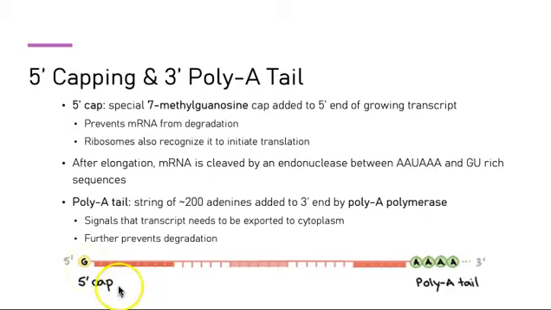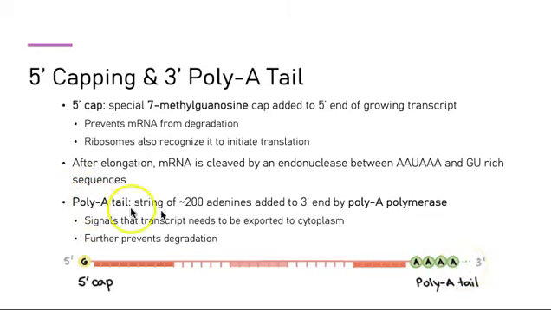And after we go through elongation, the mRNA strand is going to be cleaved by an endonuclease between a specific area known as an AAUAAA and a GU-rich sequence. And then we add this 3' end known as a poly A tail.